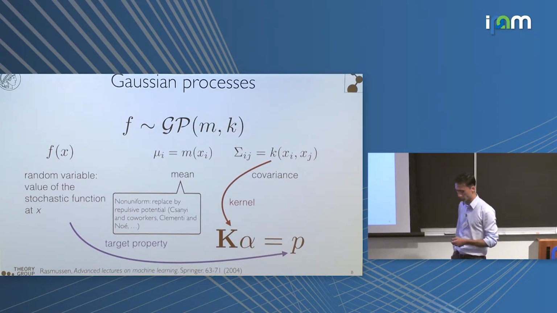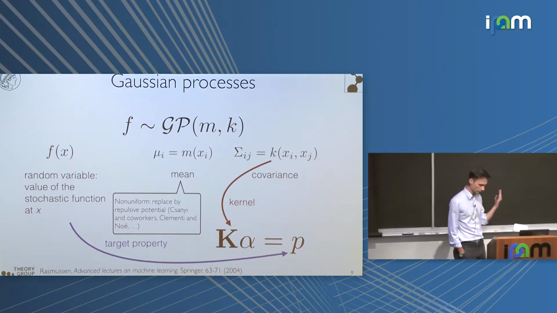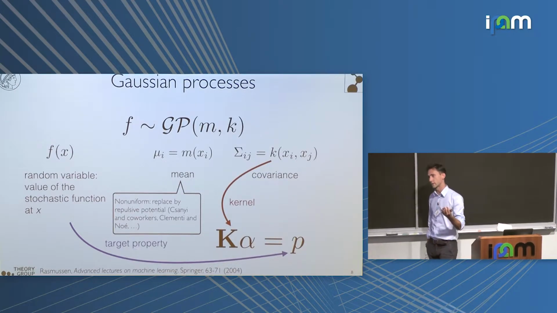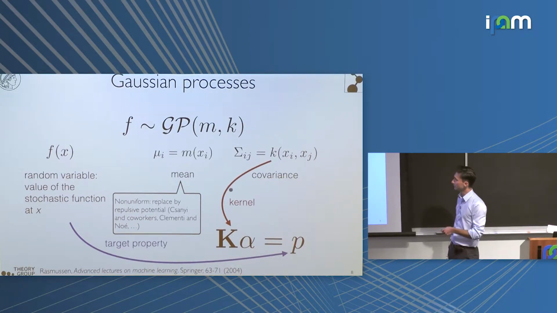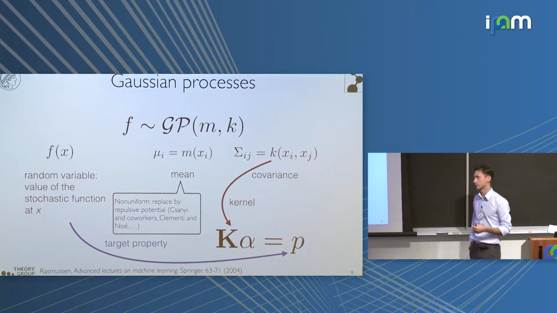Going back to the example I've shown you with the Lennard-Jones, you could just say, I don't know much about my model. I just know that at small distances I'm going to have some sort of a repulsive potential. So I'm going to fit or assume that I have an exponential, some sort of a repulsive function here. It doesn't have to be very accurate, but it has to have the right behavior. That'll mean that even in the absence of any neighboring training points, my model will be repulsive at small distances.